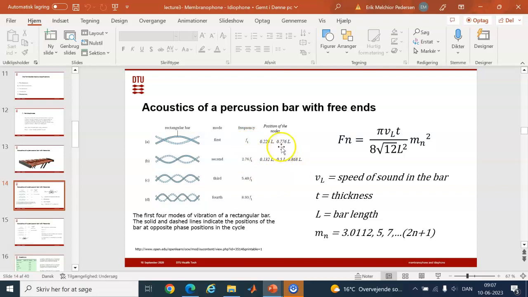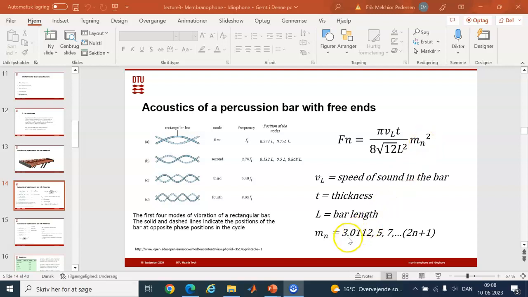In this formula, the frequency of mode n is pi times the speed of sound in the bar times the thickness of the bar, divided by 8 times the square root of 12 times L squared, where L is the bar length, and all this multiplied by mn squared.